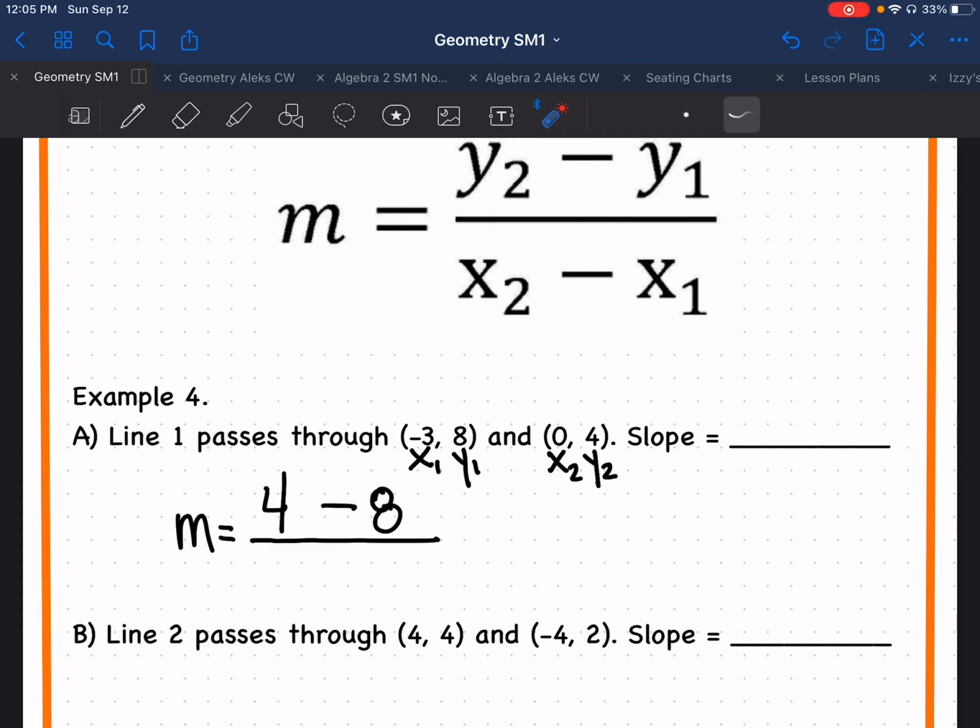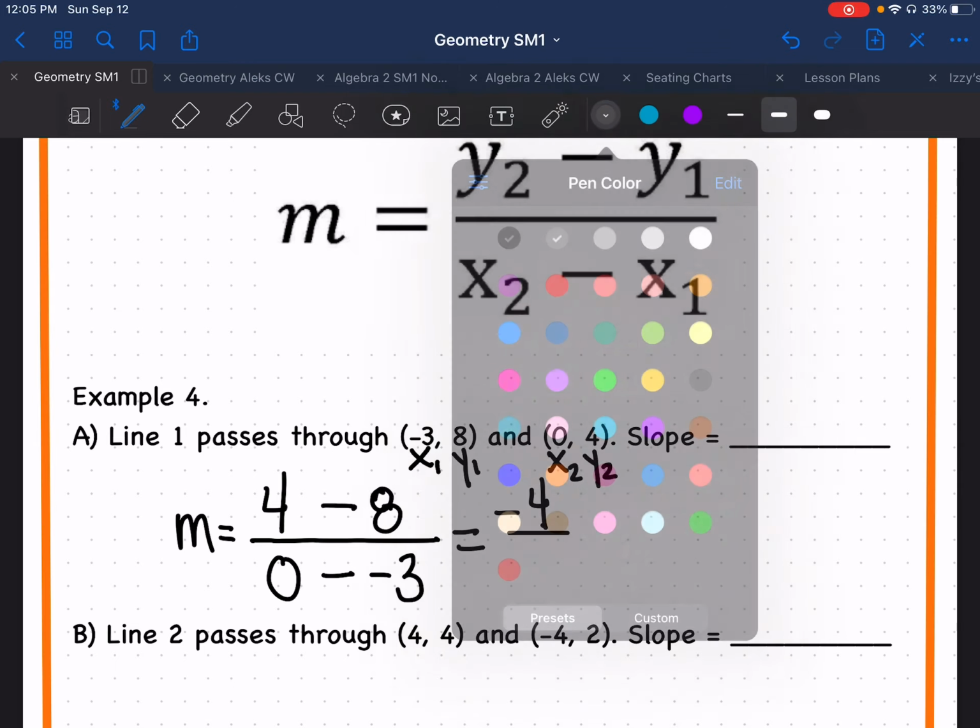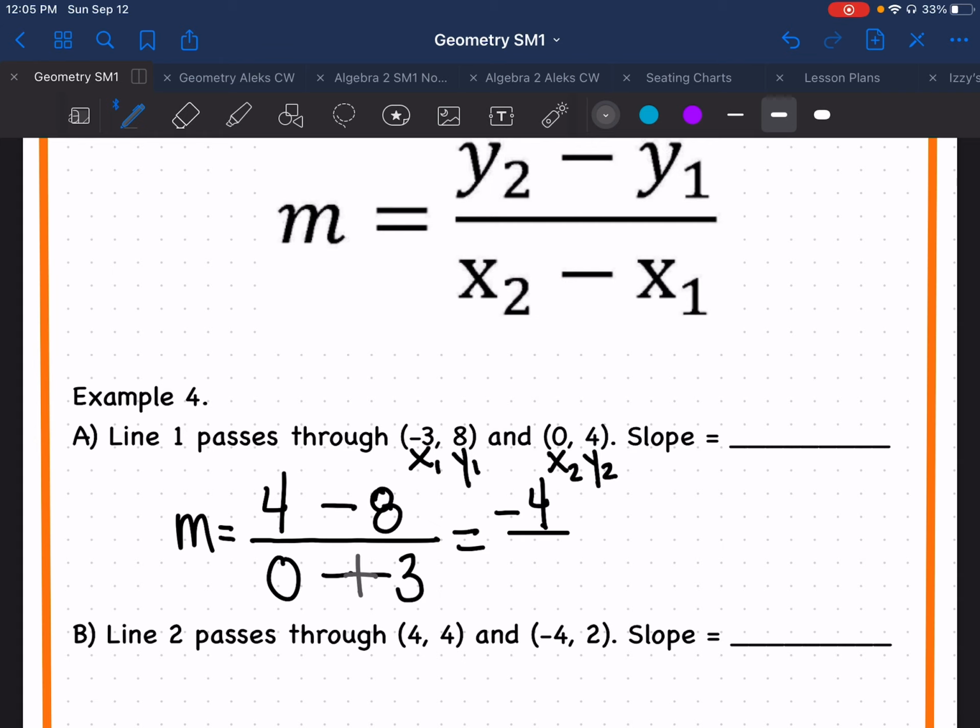And remember, you can go ahead and cancel them out once you've used them. x2 minus x1. Now 4 minus 8 is going to give me negative 4. And 0 minus a minus 3, well, that's going to change to a plus, which is going to give me 3. I'm going to check that in the calculator, but that will be my ending slope, negative 4/3.